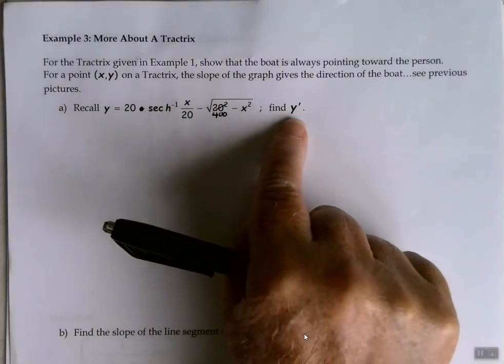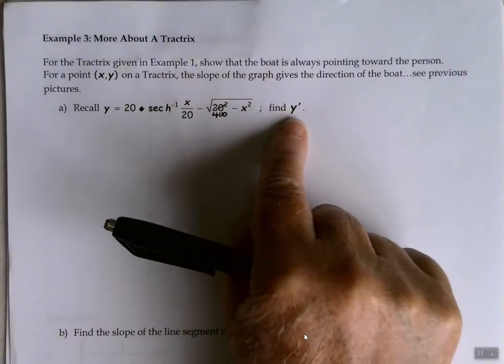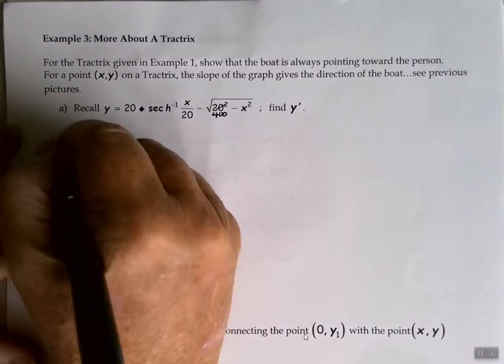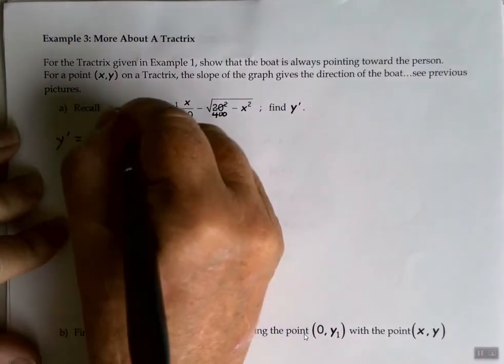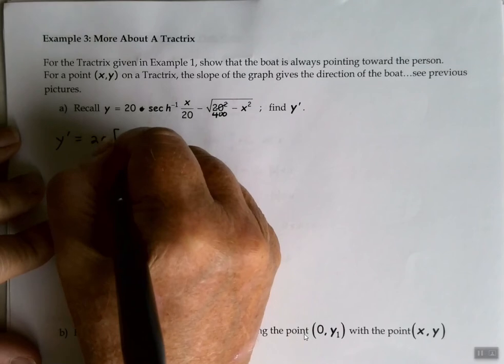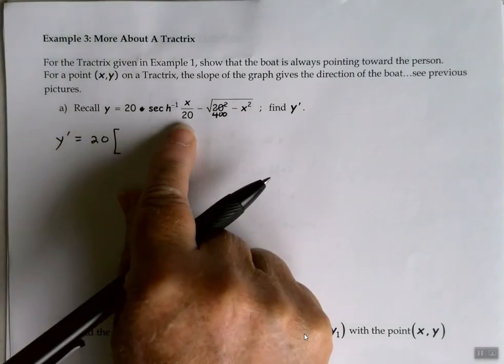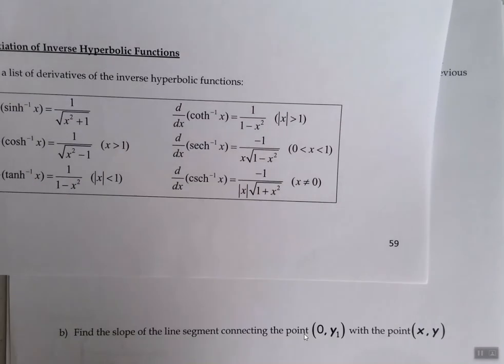And our first goal is simply to find the derivative, find y prime. So let's do that. We'd have 20 times the derivative of the inverse hyperbolic secant, which looks like this.